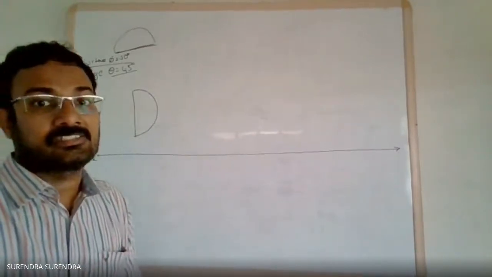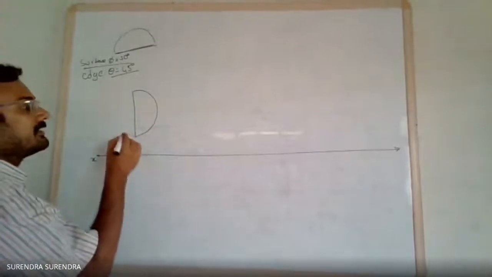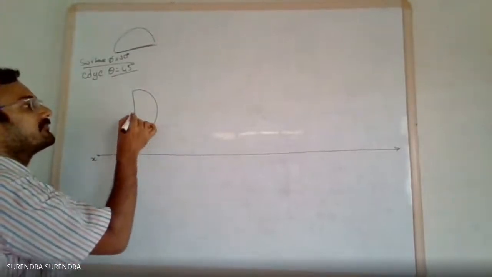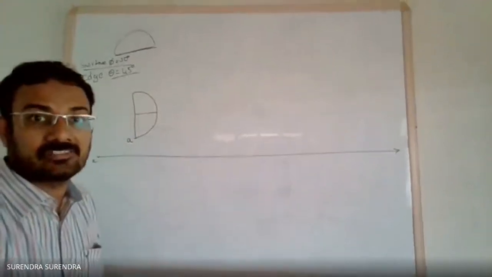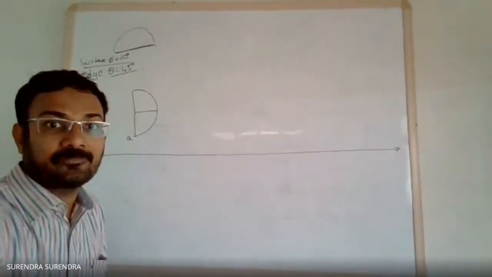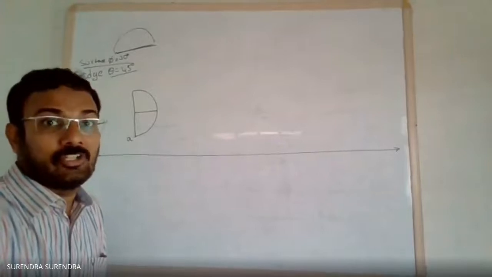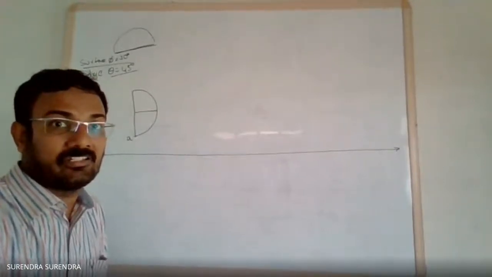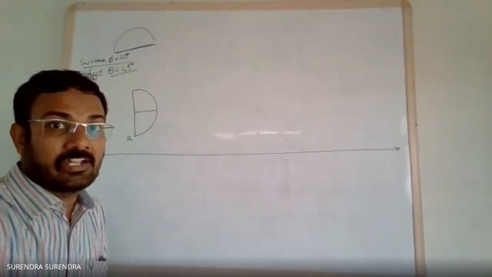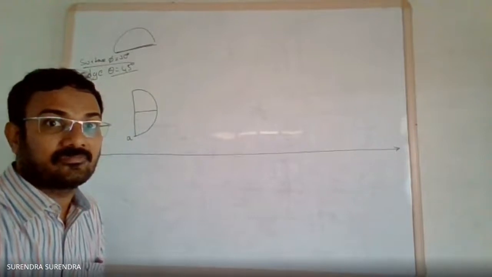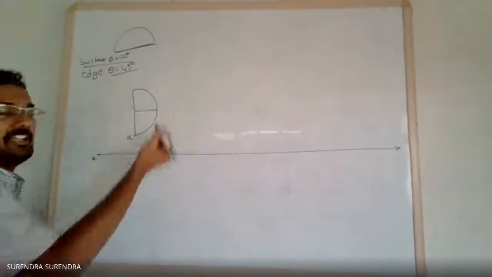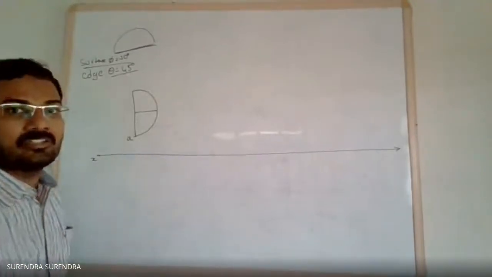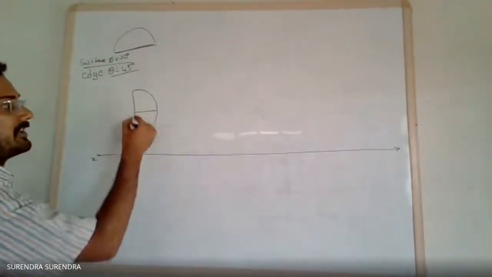Draw the semicircle, name this point as A, and divide this semicircle into 6 parts. We already did this in the involute problem, involute of a semicircle. How do you draw it? Six parts, with lines at every 30 degrees, or take the diameter end point radius.